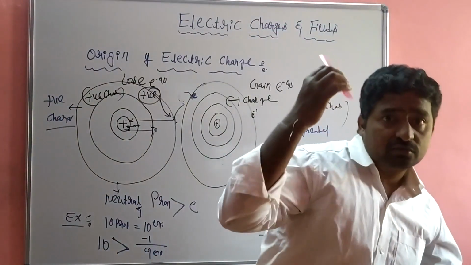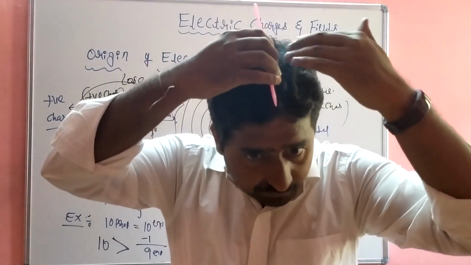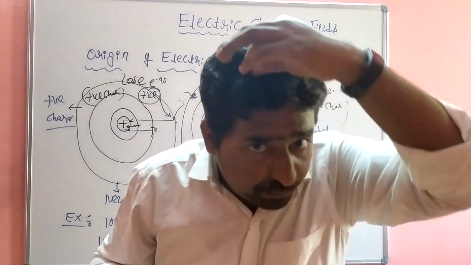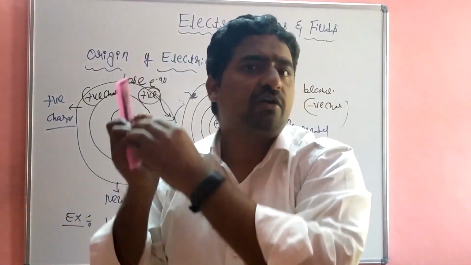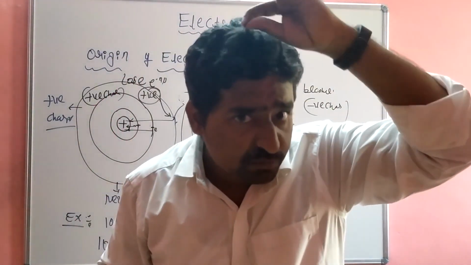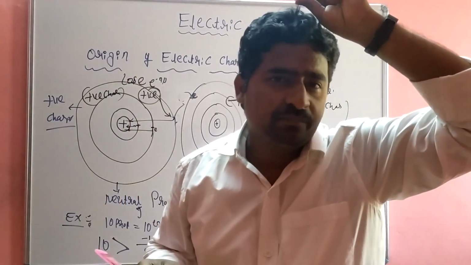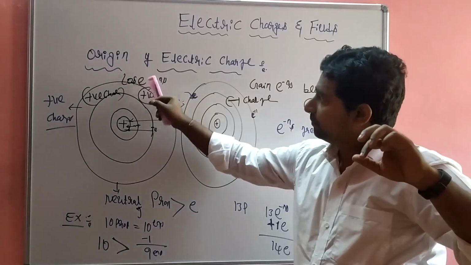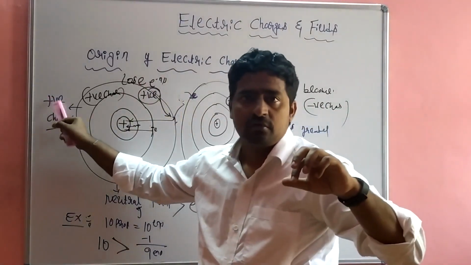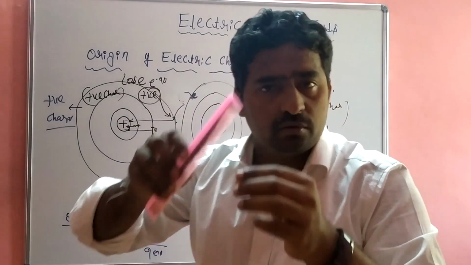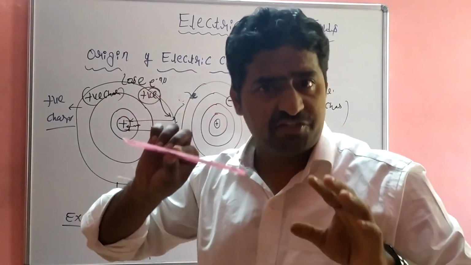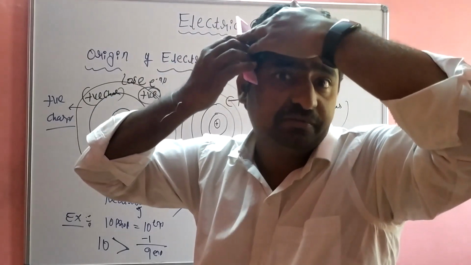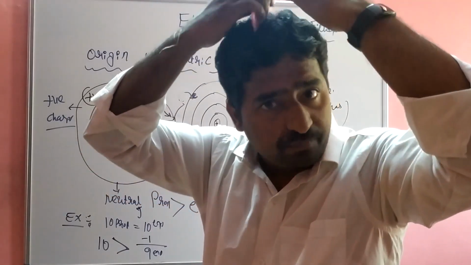So when the plastic cup is rubbed with dry hair, the dry hair loses the electrons and becomes positively charged, while the plastic cup gains the electrons when they are rubbed with each other.